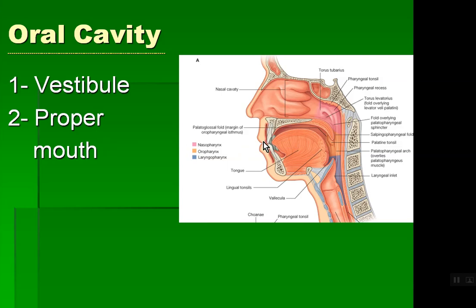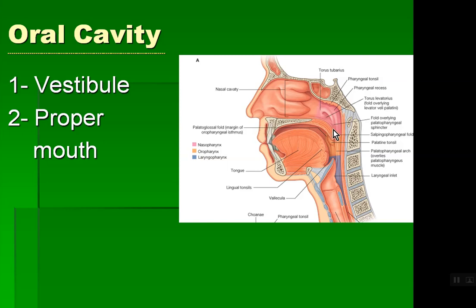The vestibule is the space between the lips, upper and lower lips, anteriorly, and the teeth posteriorly. It is a potential space which is collapsed, but whenever, for example, food is present here, it can be stretched and become larger. The space between the lips and teeth becomes the vestibule.